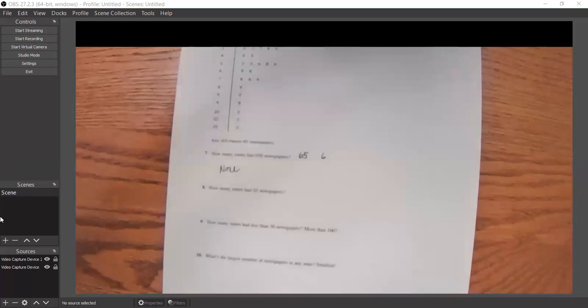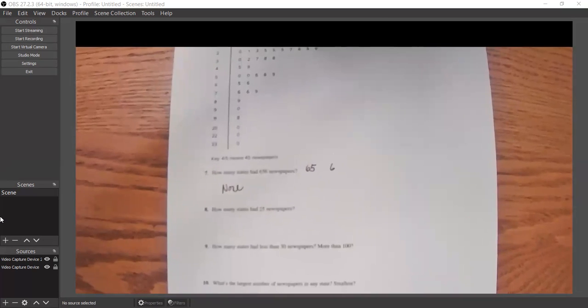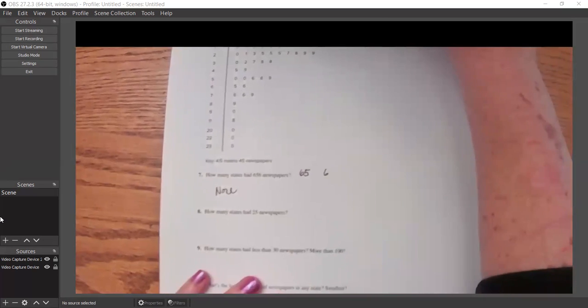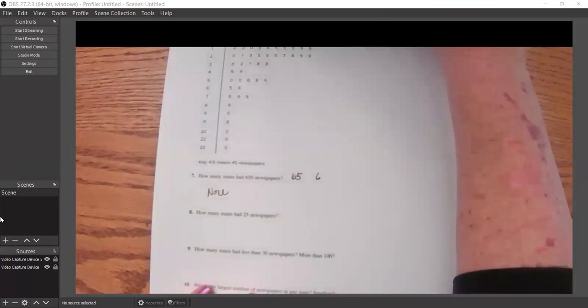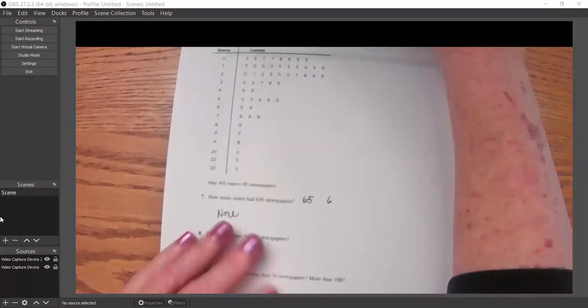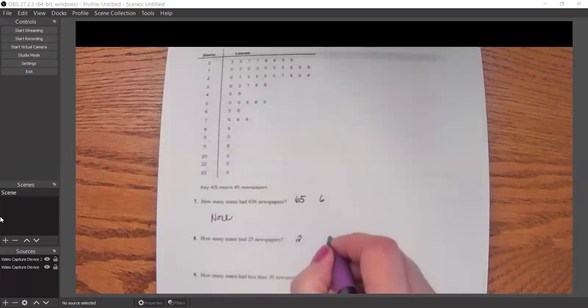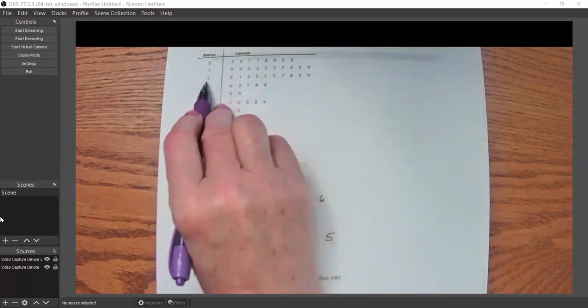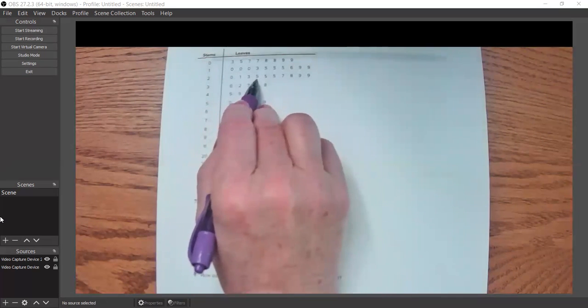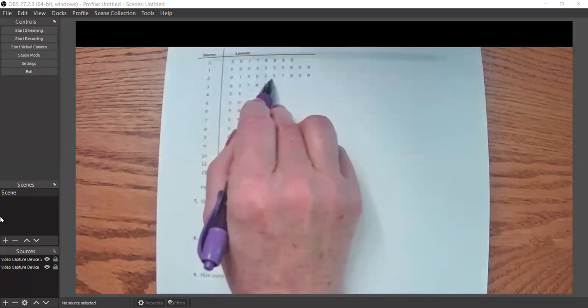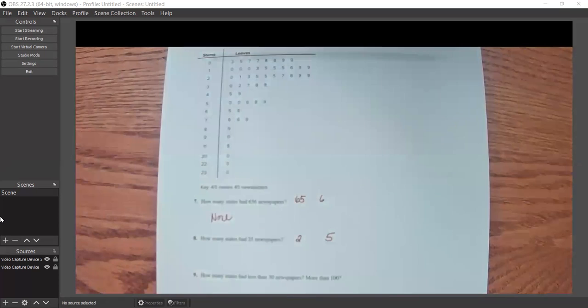The question is, how many of them had 25 newspapers? Let me try to get it all on the screen here. 25 newspapers is going to have a stem of 2 and a leaf of 5. There's 1, 2, 3.